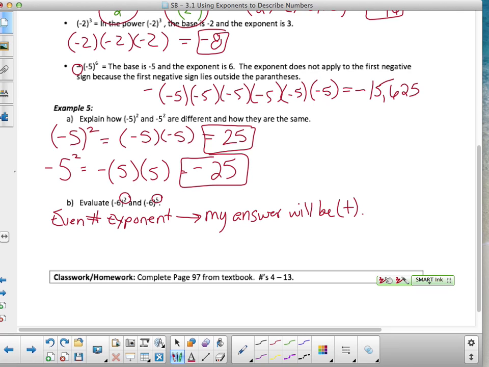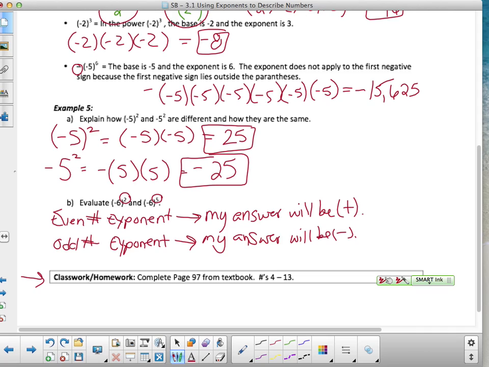In the other scenario, if I have an odd number exponent, my answer will be negative. Okay?